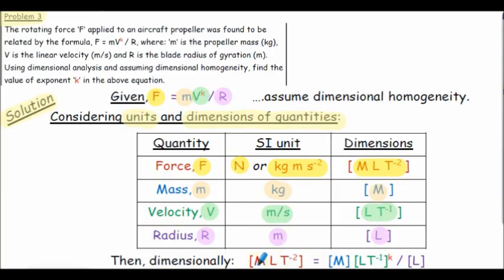On the left hand side we have the MLT negative 2 for the force. Then we have the mass, capital M, the velocity, LT negative 1, raised to the power K of course, trying to find the K. That's all divided by the radius, dimension L.